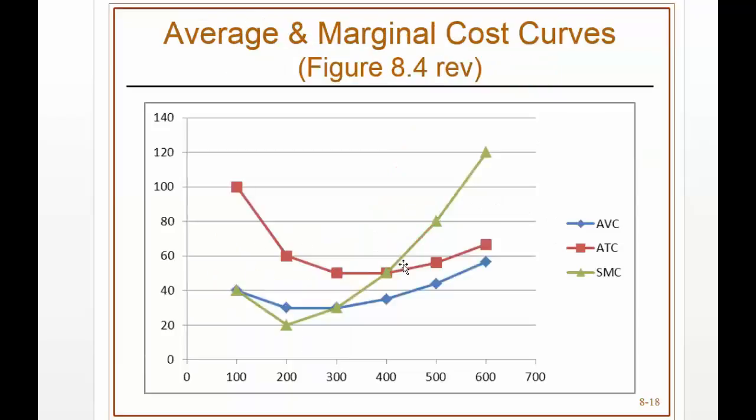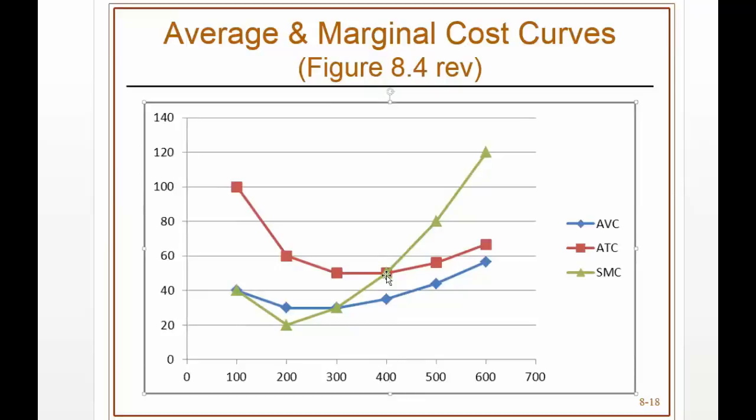If I took the derivative of my average total cost equation and set it equal to 0, I would get a quantity of 400 associated with that. So I take the derivative of the ATC equation, set it equal to 0, solve it, and get a value of Q equal to 400.